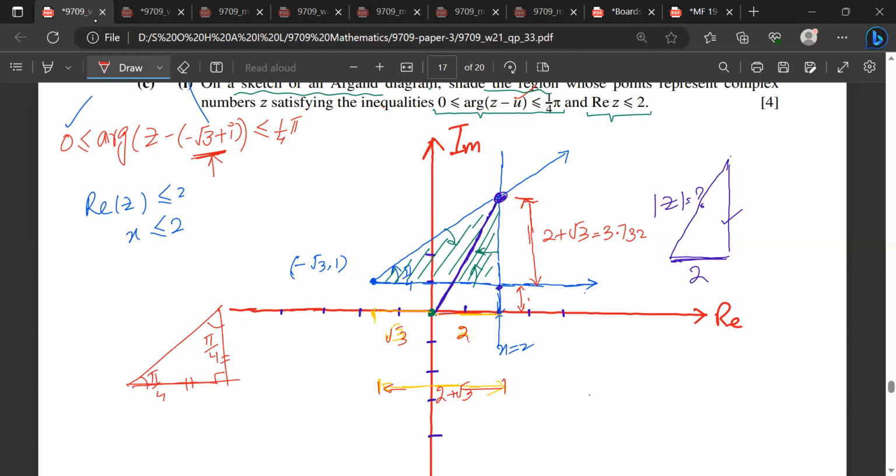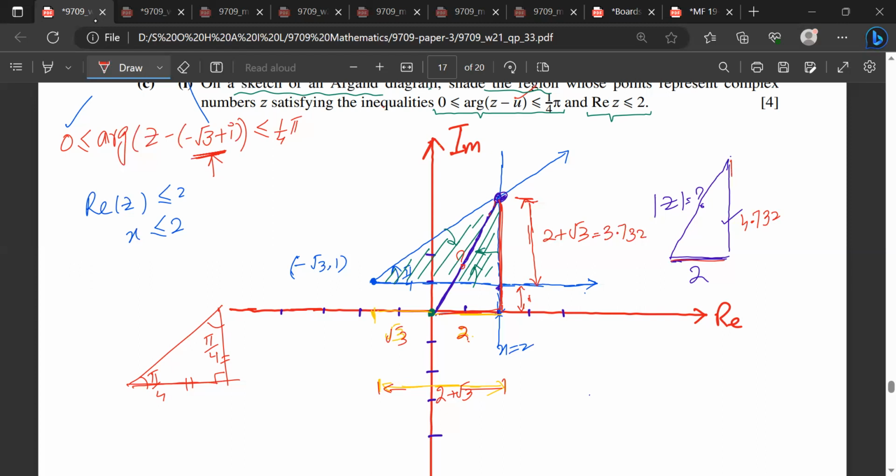So the overall, the total length, this length is obviously 1 plus 3.732, which is 4.732. So if the two lengths are there, this length is there, this length is there, and we are looking for the greatest possible value of modulus of z.